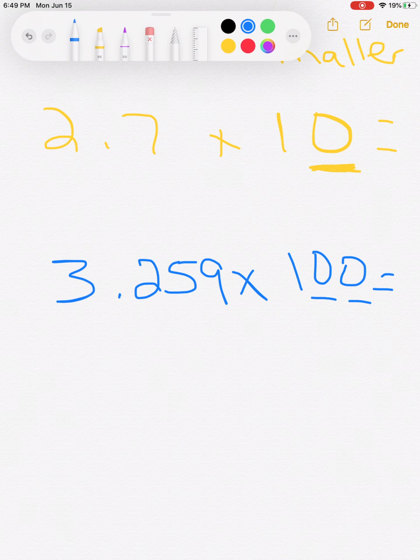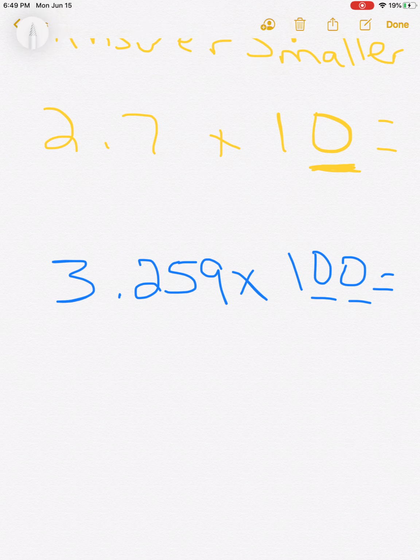So that means I'm going to move our decimal 2 spaces. But which way am I moving the decimal? This way to where the number gets bigger, or this way to where the number gets smaller? Think about it for a second. I hope you said to where the number gets bigger, because we're multiplying, and when you multiply numbers, the answer should get larger than what you originally started with.